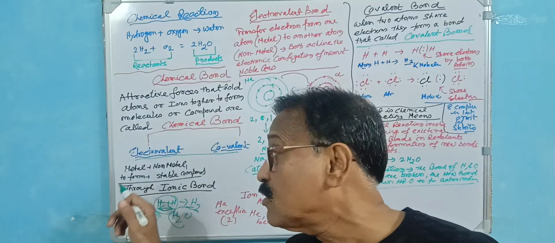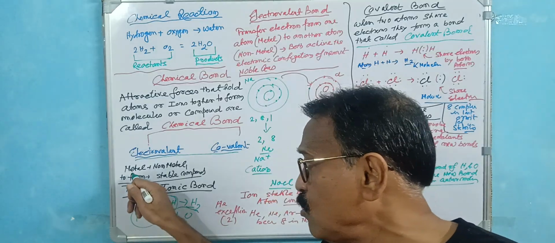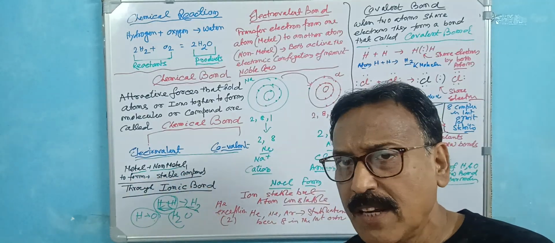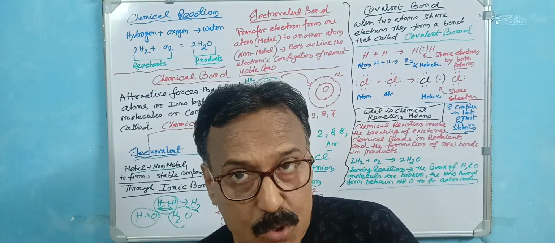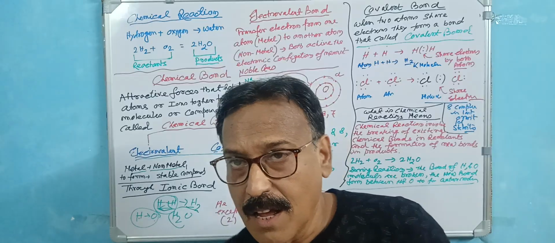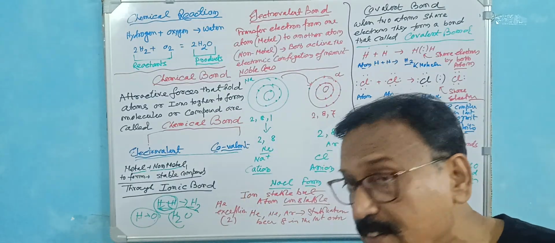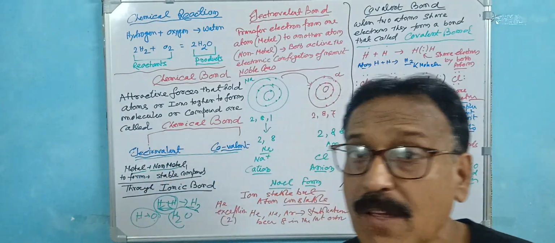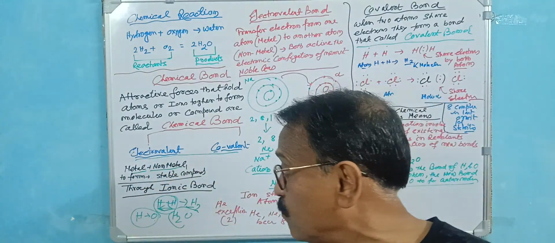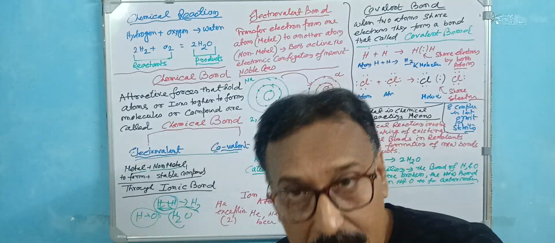Electrovalent bonding is between a metal and a non-metal, very close to each other, because electrons are exchanged from the outermost orbit. One electron is donated and one electron is accepted. For that reason, electrical charge is developed. The cation and anion are developed, and for that reason this is called the electrovalent.